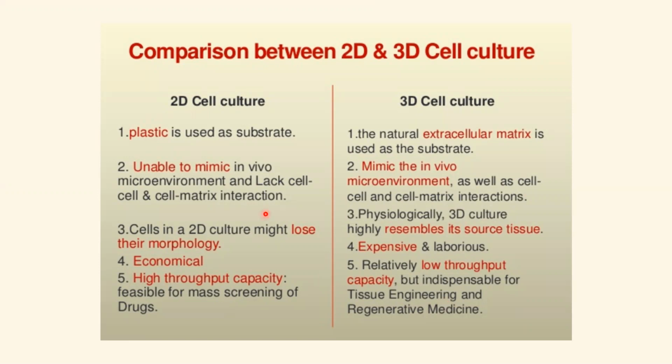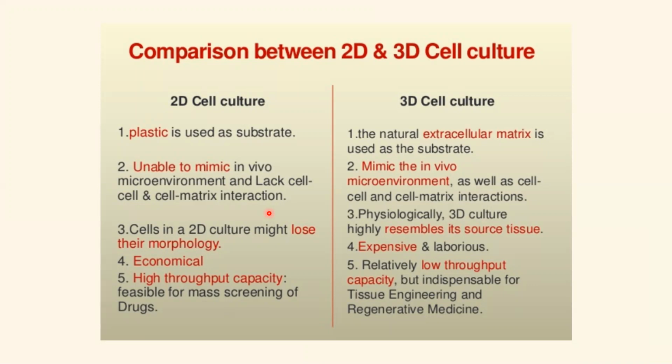This is a very important point because when you culture cells in 2D, it is said that 50% of the cells will stick to the substrate, which is a Petri plate or a flask or any other culture vessel. Which means the cell-to-cell contact is going to be really, really reduced.